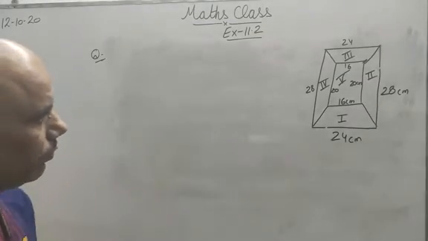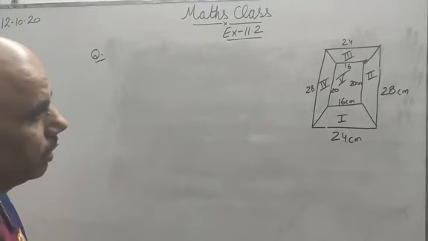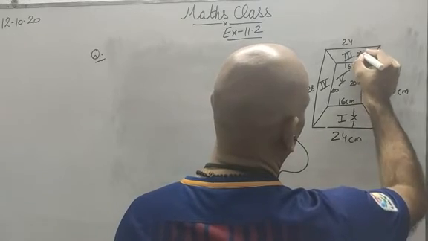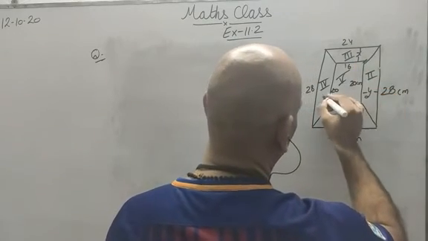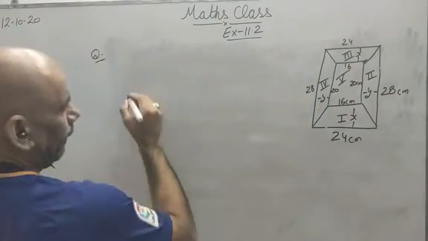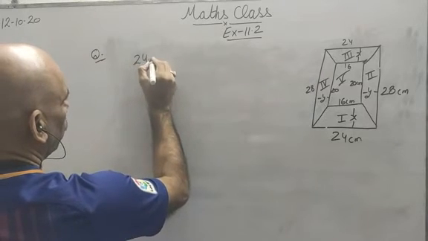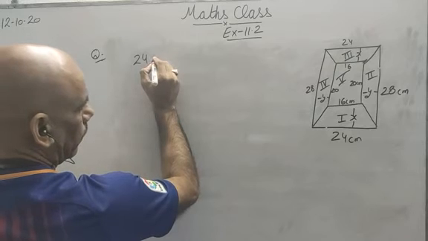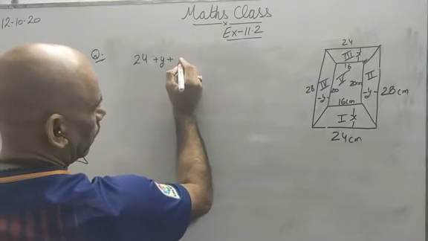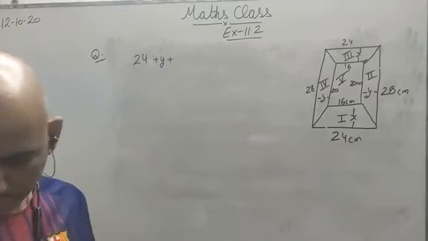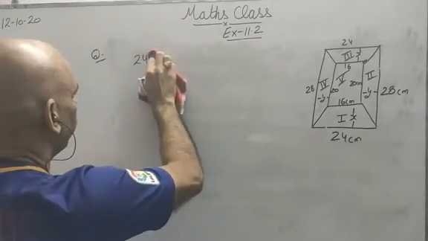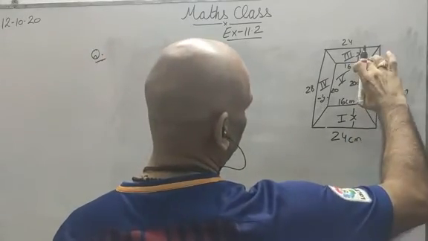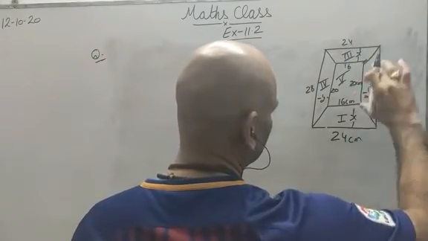Okay. Now what about the height? How we will find out this x and how we will find this y? Look, 24 plus y, oh sorry, I am extremely sorry. This is 20. 20 plus x is 28.